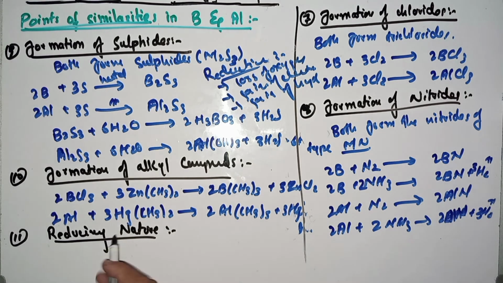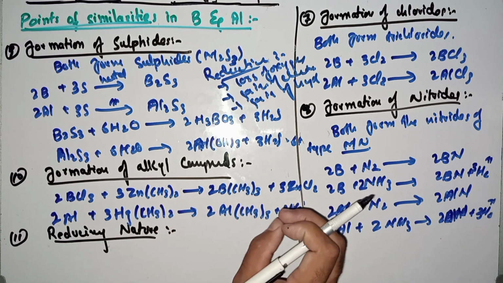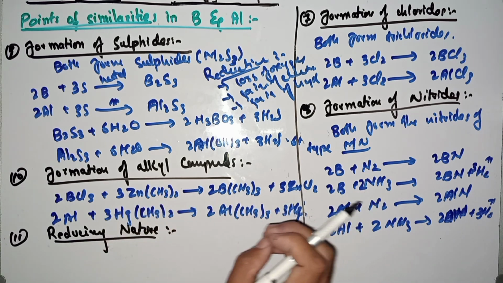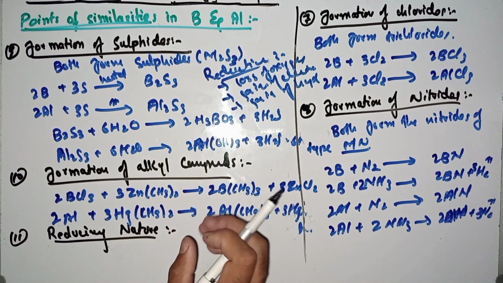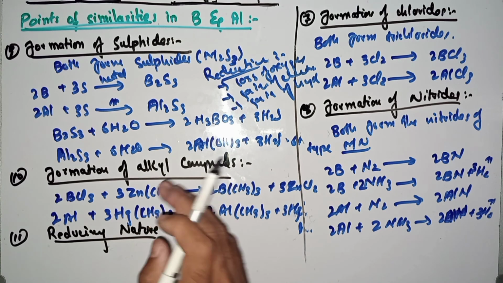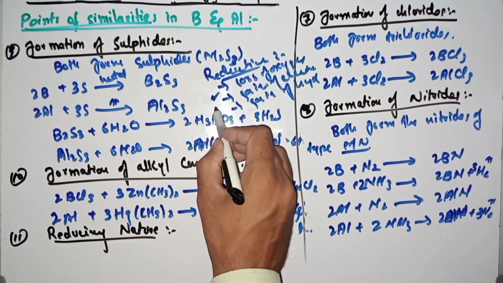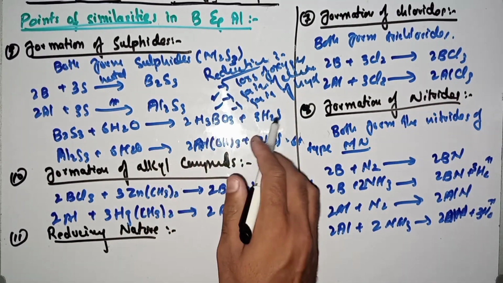Boron and aluminum have reducing nature because they have an electron deficiency; they have one vacant orbital, so that's why they can gain electrons and gain hydrides. They can also lose oxygen, but here in both cases oxygen is absent. So according to these two definitions, they can gain electrons and gain hydrides.